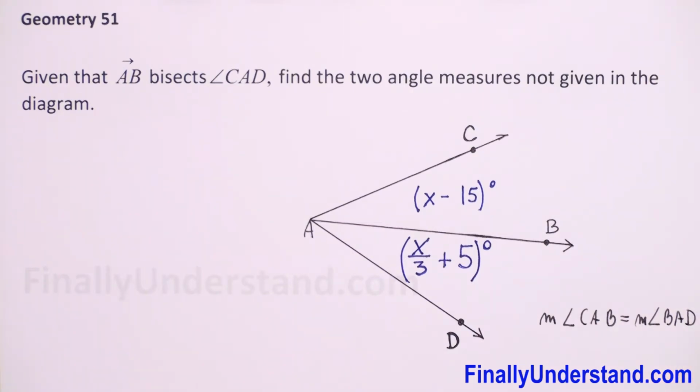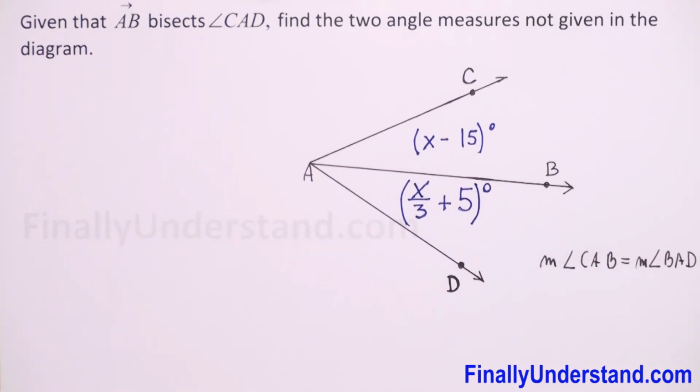So we can write an equation, because we are given that the measure of angle CAB has the expression x minus 15 degrees and the measure of angle BAD has the expression x over 3 plus 5 degrees.